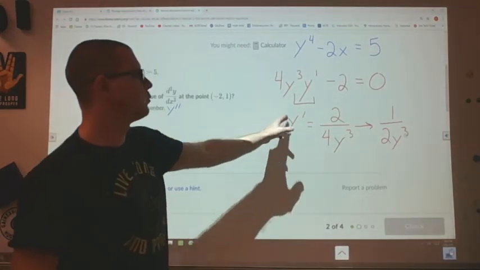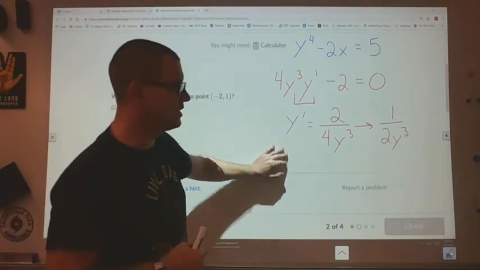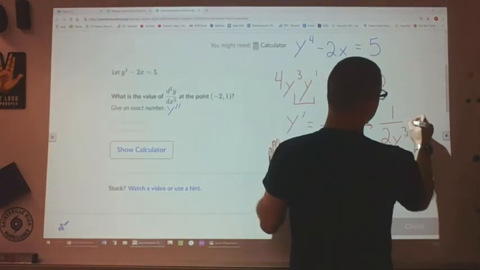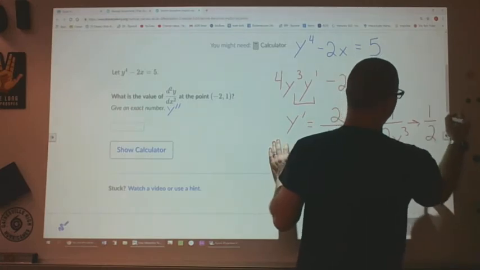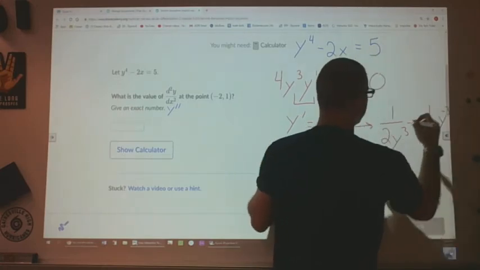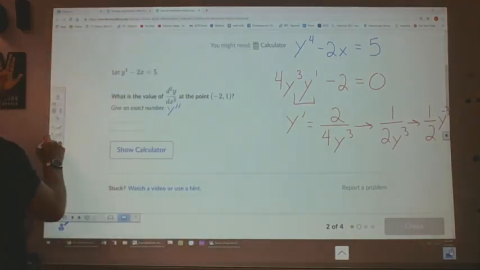So our first derivative is 1 over 2y to the third. This is very easy now to get to the second derivative, because like we did before, I can change this form. It's 1 over 2y to the negative 3. And then we're going to differentiate that by power rule.